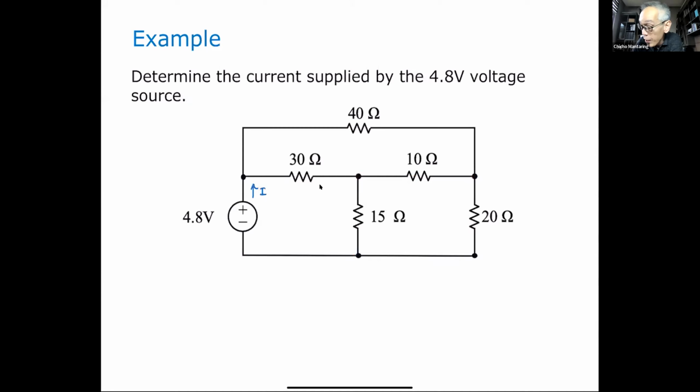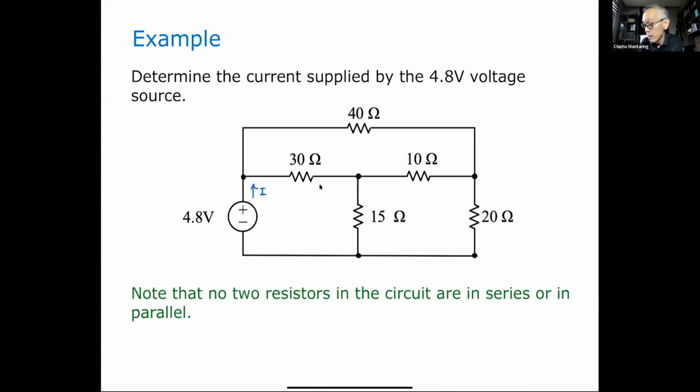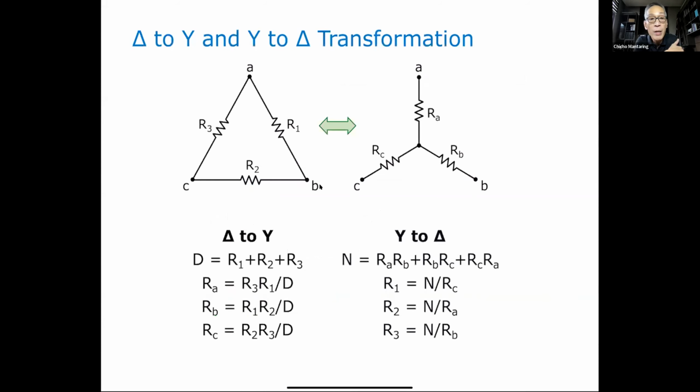It would be nice if I could simplify this to make it easy for me to compute for I. Fortunately, this can be simplified. And the way to simplify that is using either a delta to Y or a Y to delta transformation.